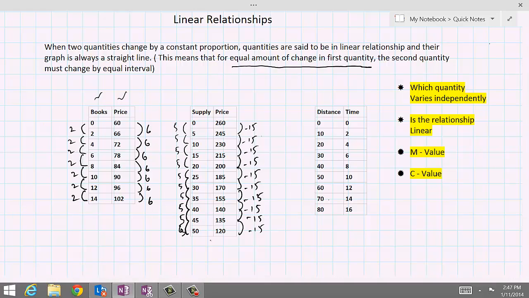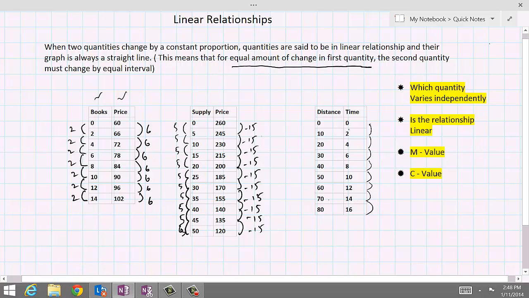Now we take a look at the third data set, in which the time is increasing by 2 units while the distance is increasing by 10 units.